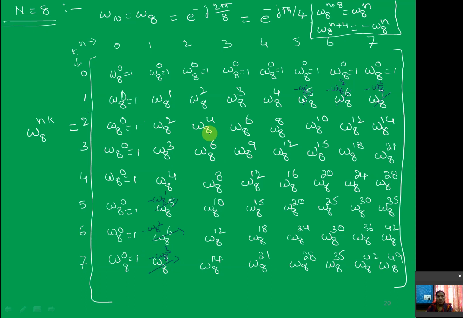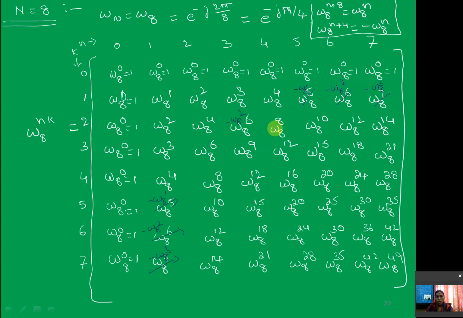Am I correct? Now coming to this row, W8 power 4 is a known value. Now W8 power 6 means W8 power 2 plus 4, that means minus W8 power 2.